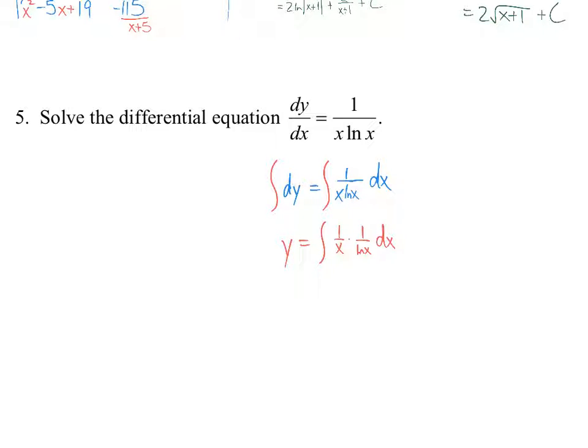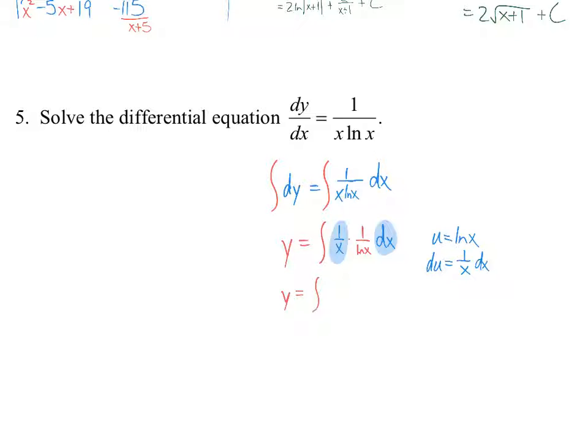And the reason why I say that is because, Nate, what do you make u equal? Okay. If we let u equal ln of x, then the du is 1 over x dx. Okay, so we can see, here's the 1 over x dx. There's our du.